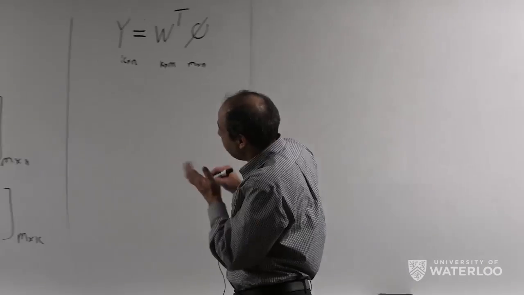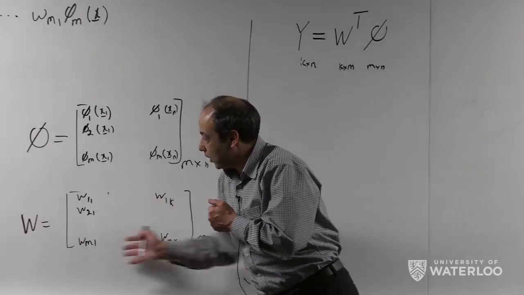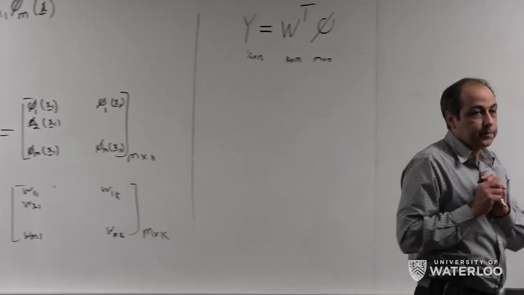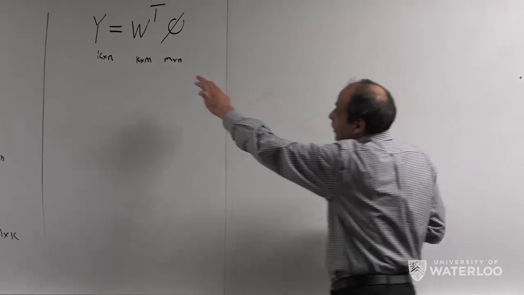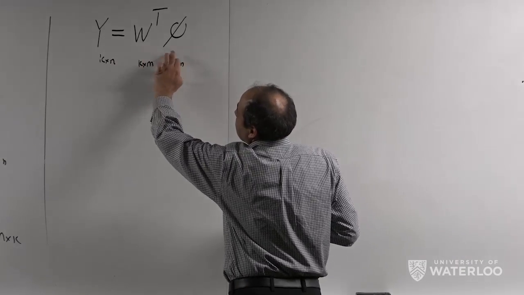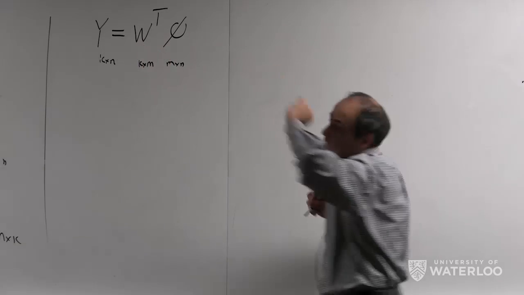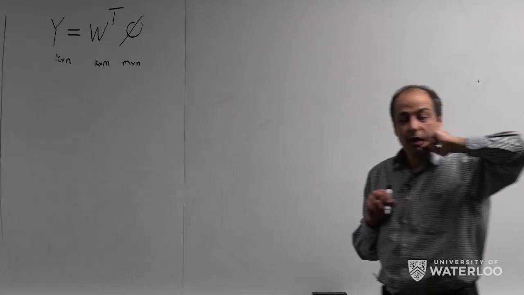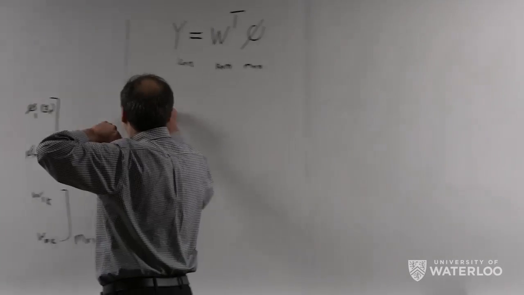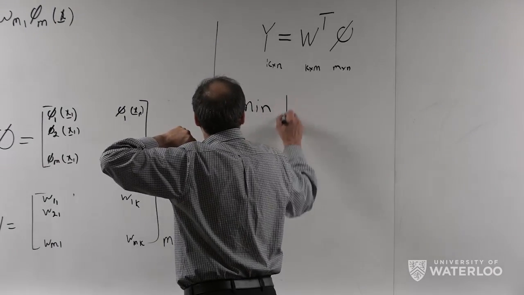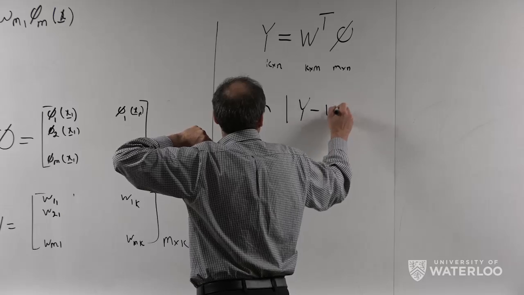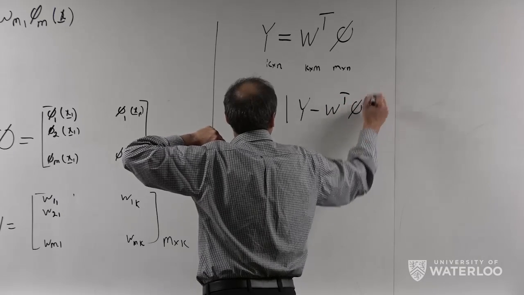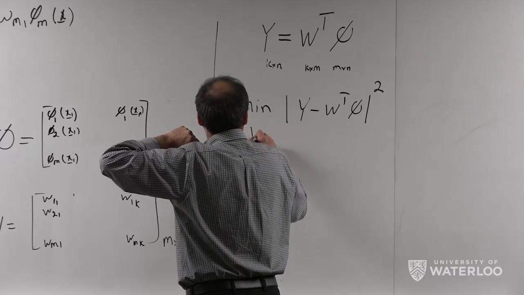I have Y, and my unknown is matrix W. And Y is W transpose phi. Now my problem is to find this W transpose, right? So my objective function would be Y minus W transpose phi squared, when W is unknown.